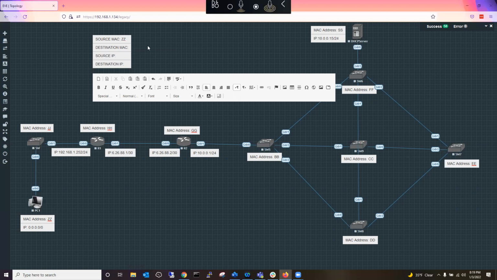The destination MAC address. In order to get to the DHCP server, I would say it's going to go to the router, which is HH.